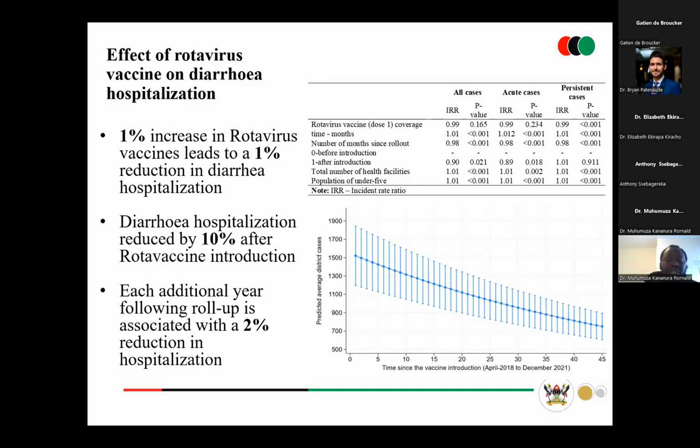We also see diarrhea hospitalization reduced by 10% after the introduction of Rota vaccine. And each additional month following the rollout was associated with a 10% increase in the reduction of diarrhea hospitalization.